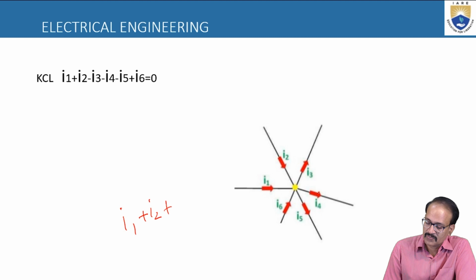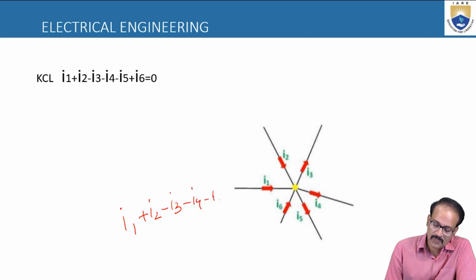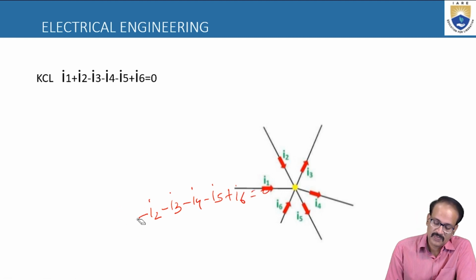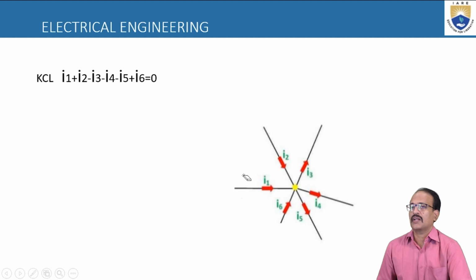The remaining ones are leaving, so we write it as minus I3 minus I4 minus I5. But I6 is entering, so we write plus I6 is equal to 0. So this is the simple way of understanding Kirchhoff's current law.